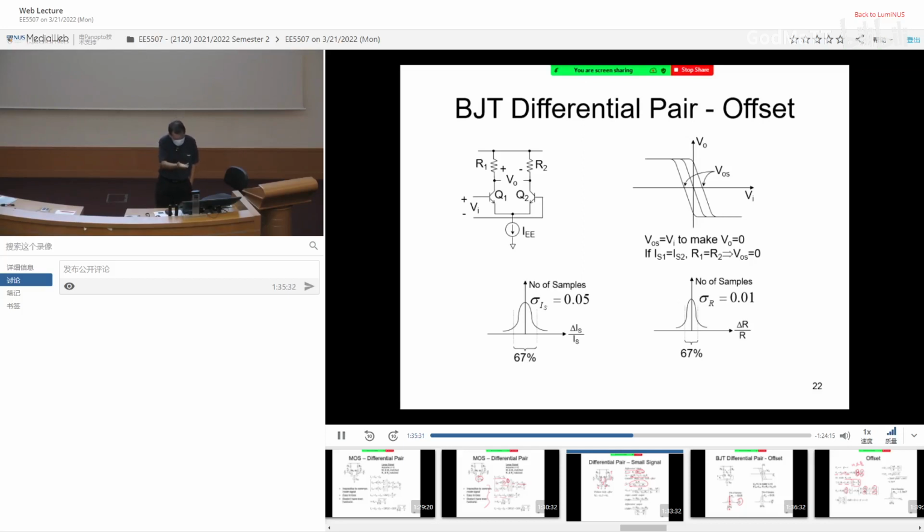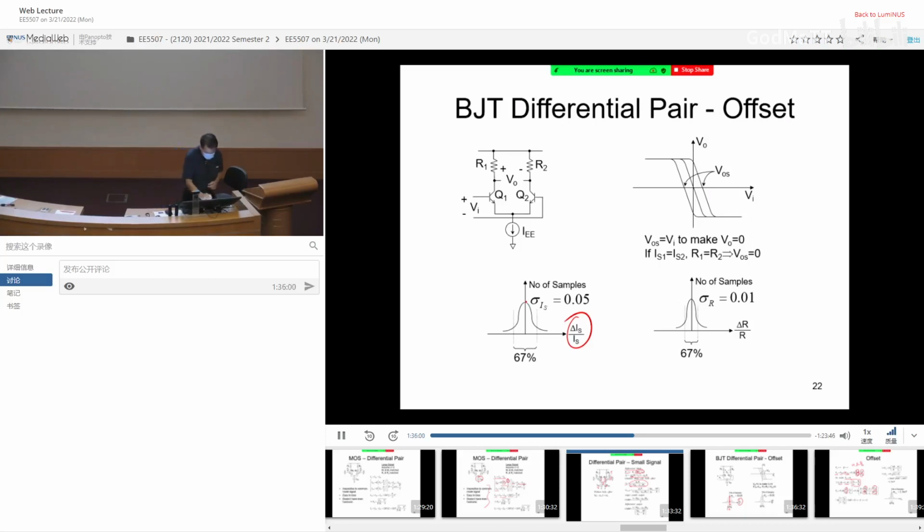So the offset, using this simple example, arises due to two things: resistor mismatch and also the transistor IS mismatch. So when people measured, let's say the IC foundry already manufactured different transistors, they already characterized the transistors and found that if you try to measure their IS, they will have a mean value.